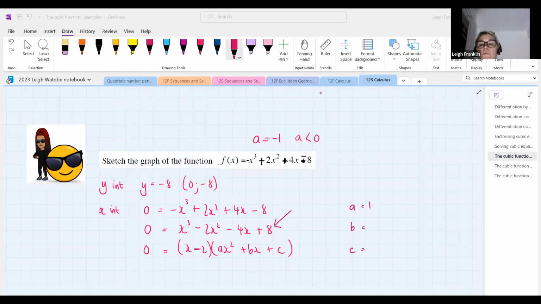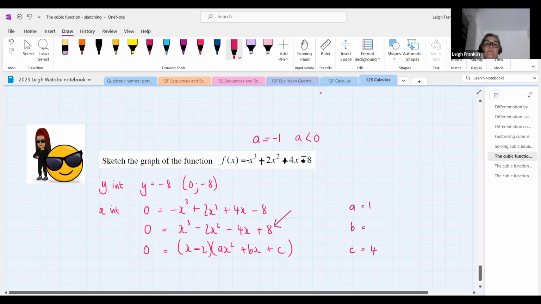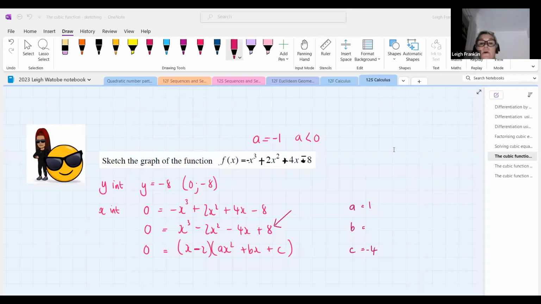Good. Nice. Oh, but hang on a second. If we're doing what we're doing here on the screen, then it would be equal to -4, wouldn't it? -4, yes. Okay, what's B equal to?